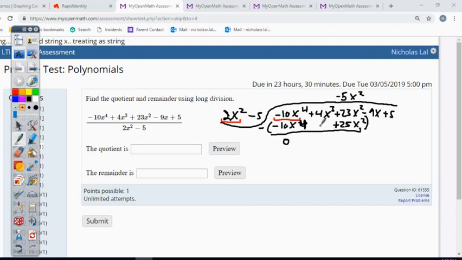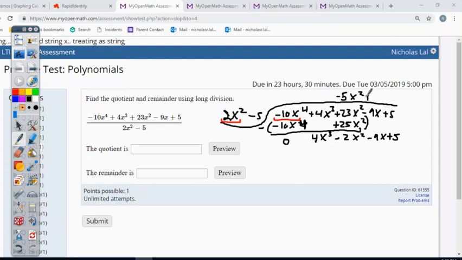4x cubed minus 0, I just bring down that 4x cubed. 23x squared minus positive 25x squared is going to be negative 2x squared. Bring it all down: minus 9x plus 5. Now, to get the x cubed term, 2x squared times what equals 4x cubed? That's going to be 2x.